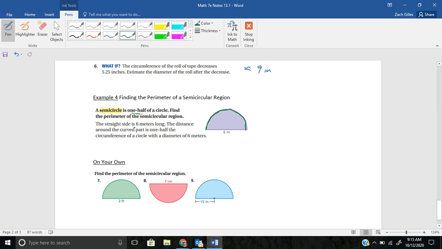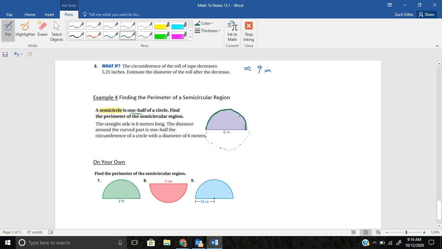Right? It says the straight side is 6 meters long. The distance around the curved part is half the circumference of a circle with a diameter of 6 meters. So if we were to pretend like we were finding the circumference of the entire circle, and since this is just half of that, we would essentially find the circumference and then divide by 2 to find this region right here.